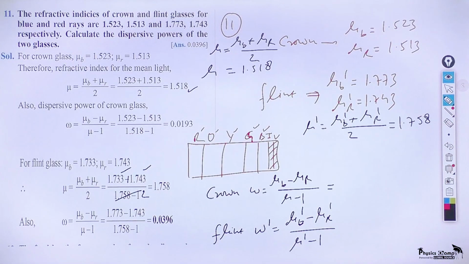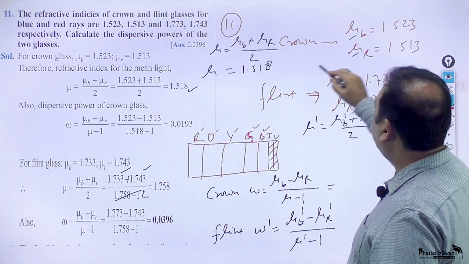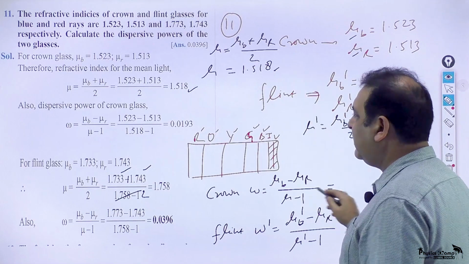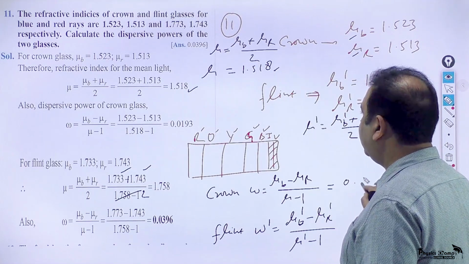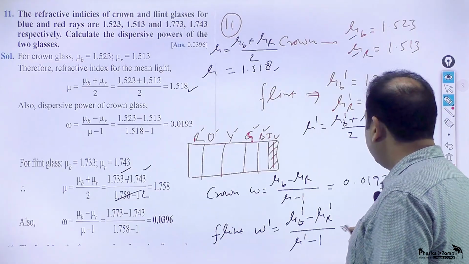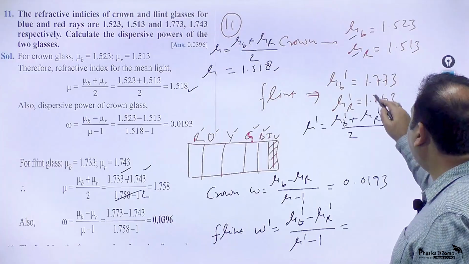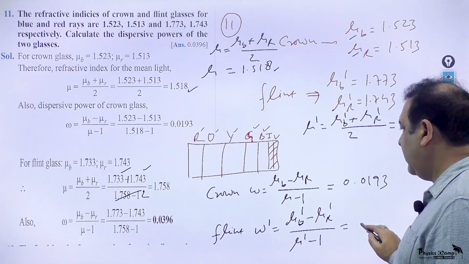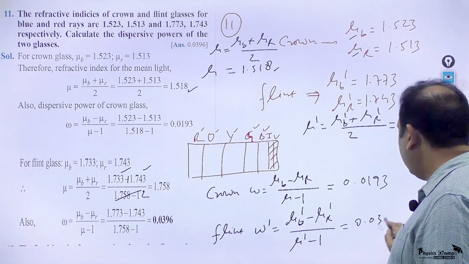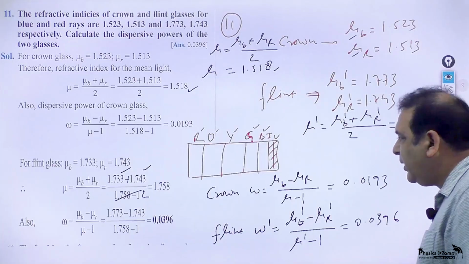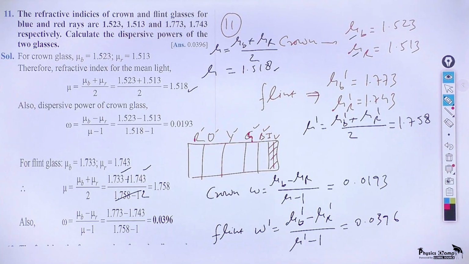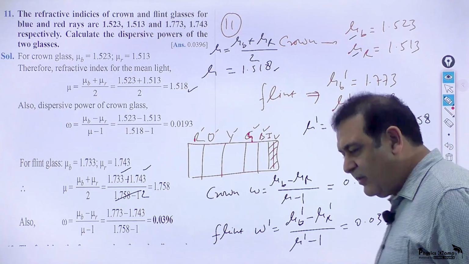If we put the values of mu b, mu r and mu, we get the dispersive power of crown glass as 0.0193, and for flint glass we get 0.0396. So that's how we can find the dispersive power.